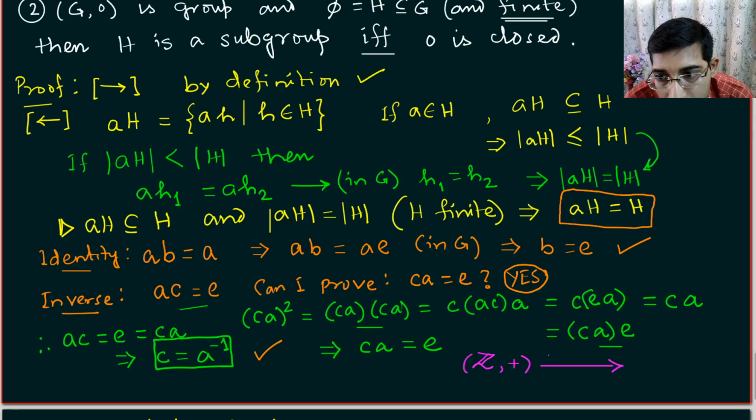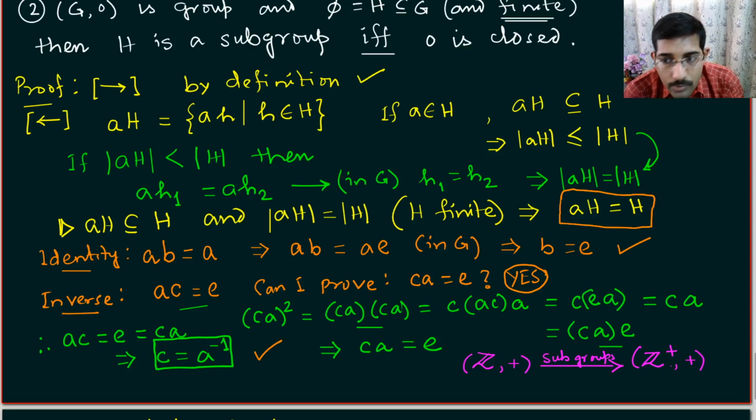You can form Z plus with respect to plus, but this is not a group, right? This is not a subgroup of this, because for the positive integers with respect to plus, the inverse doesn't exist. I do not have an inverse. A similar thing happens for the natural numbers with respect to plus. So this is not a group.